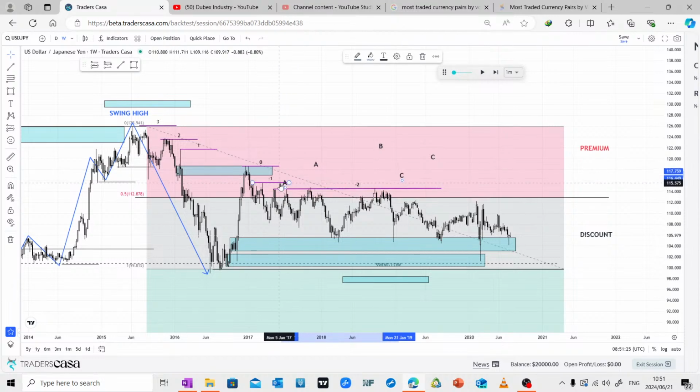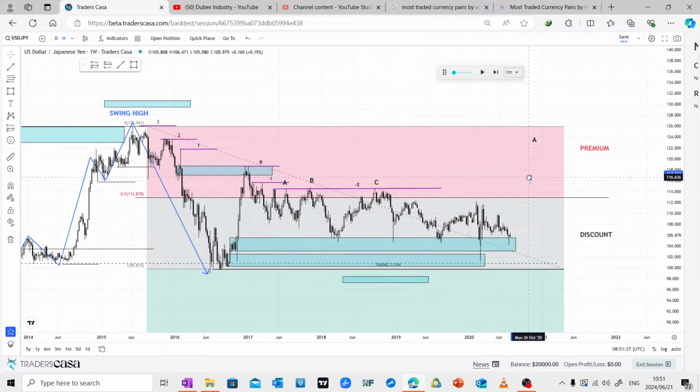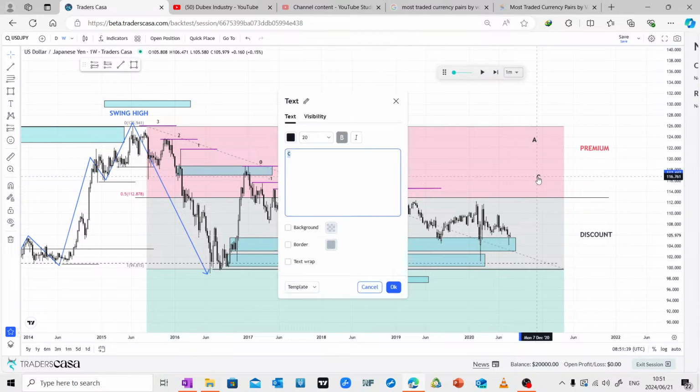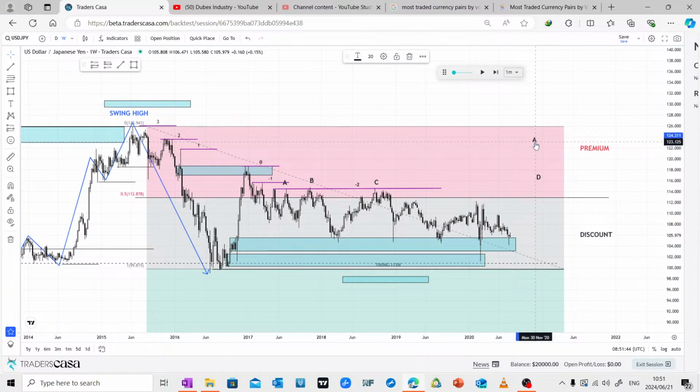So we've got buy side at A, and then at B, retested at B, came back and retested at C. So we might expect something to happen around D, right? And what have I said before?